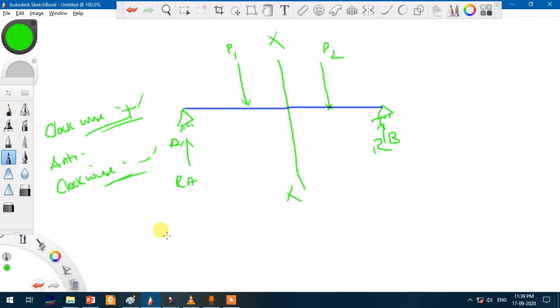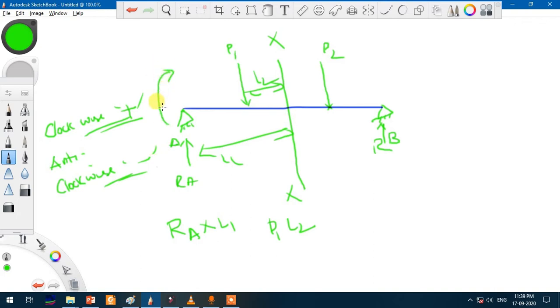So as we see in the equation for bending moment at section XX, it is RA into distance L1. This is L1 and this is L2, and P1 into L2. RA into L1 is actually clockwise, isn't it?